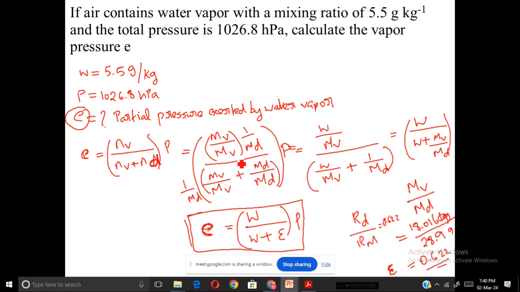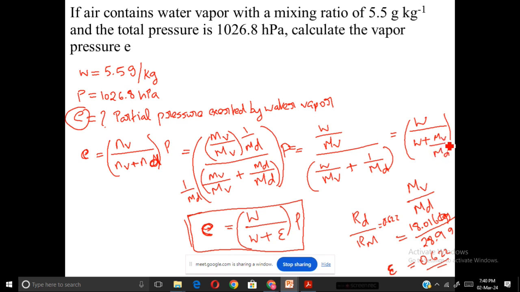Then we multiply both the numerator and denominator by 1 by md, the mass of dry air, so that we can represent it in terms of mixing ratio. After multiplying, we got W by Mv over W by Mv plus 1 by Md. Now we took 1 by Mv common from both numerator and denominator, and we finally got W by W plus Mv by Md. So this is capital Mv by capital Md.